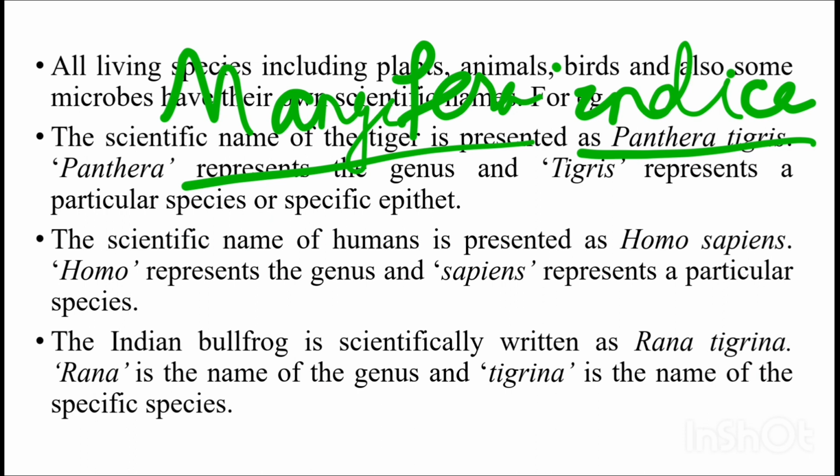And in the zoological name of tiger, that is Panthera tigris, Panthera is the genus name and tigris is the species name. Or Panthera is called genus or generic epithet, and tigris is the species or specific epithet. The scientific name of human is Homo sapiens, where Homo is the genus and sapiens is the species.